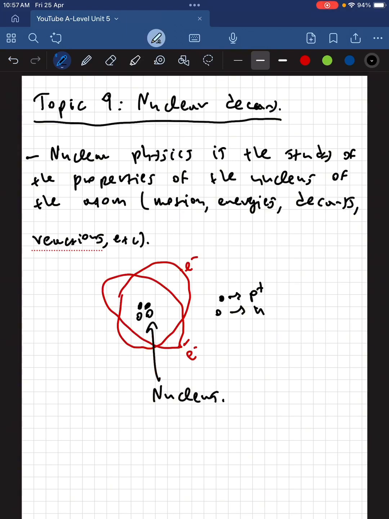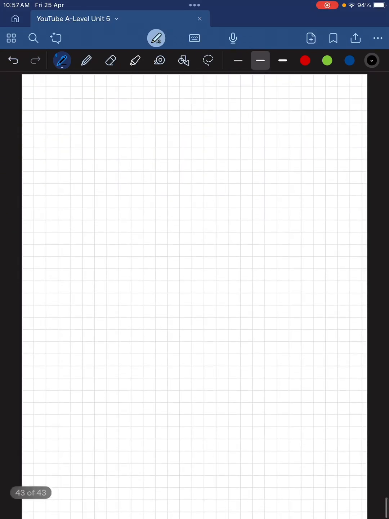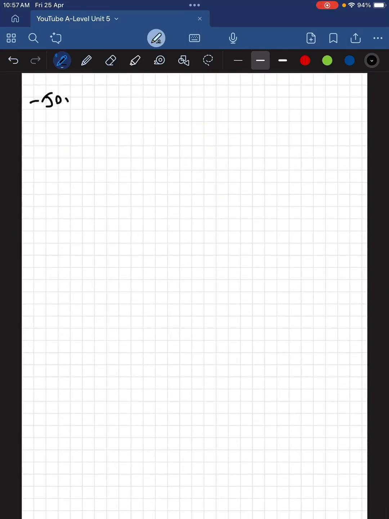of the action. Okay? Now, some nuclei, and I have to warn you that this is going to be a long video because I made a lot of notes about this. If it gets too long, I'm going to split it into 2 videos. We'll see. So some nuclei are unstable. What does that mean?